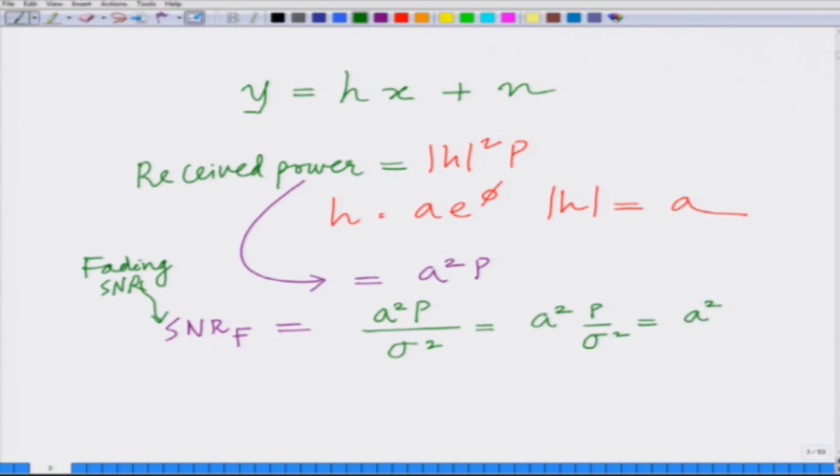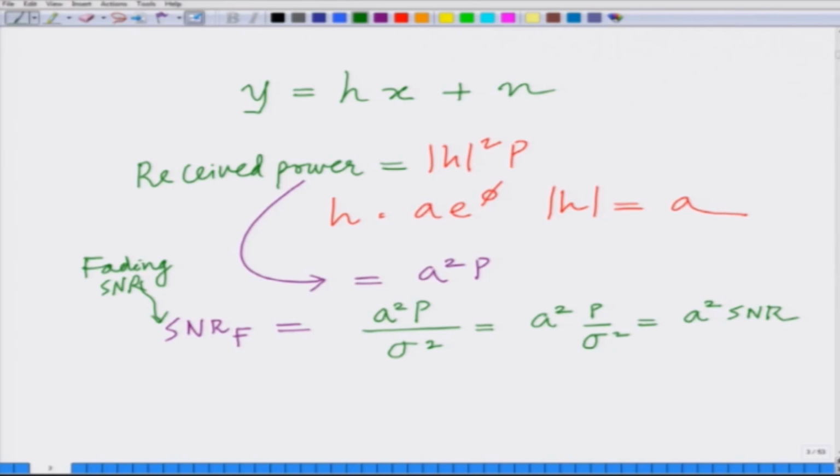So this is A square times SNR. Because of the fading nature of the wireless communication channel, the fading SNR F is A square times the SNR, which is P, the transmit power, divided by the noise power sigma square, where A is the magnitude of the fading channel coefficient H.